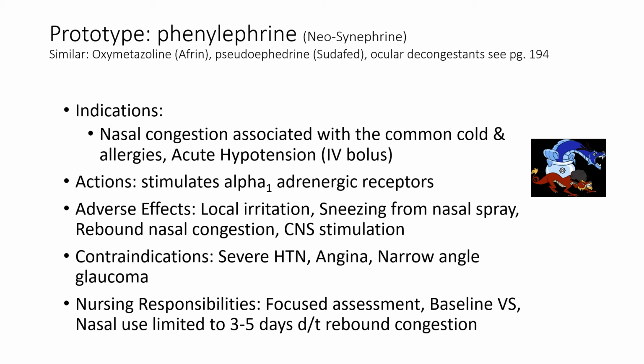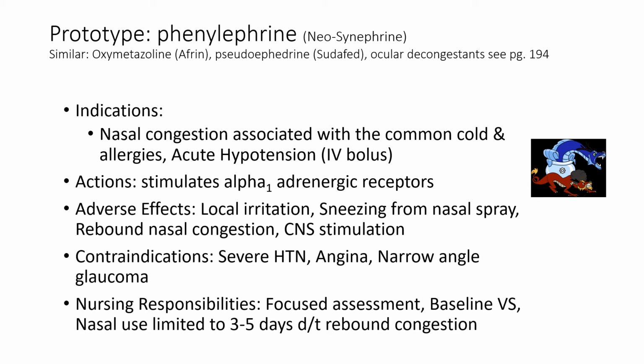So phenylephrine is very similar to norepinephrine. It likes alpha 1. Where's alpha 1? On the blood vessels. So if I give you an injection intravenously of phenylephrine, it's going to vasoconstrict your blood vessels and raise your blood pressure.